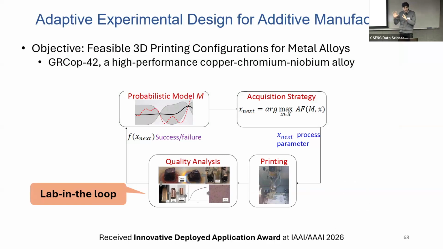And again, the one thing I want to emphasize here is that the candidates generated by this system were actually evaluated in the lab. So there is a lab in the loop. An expert goes and does the experiments in the loop to figure out the best configuration of the 3D printing to print this metal alloy.